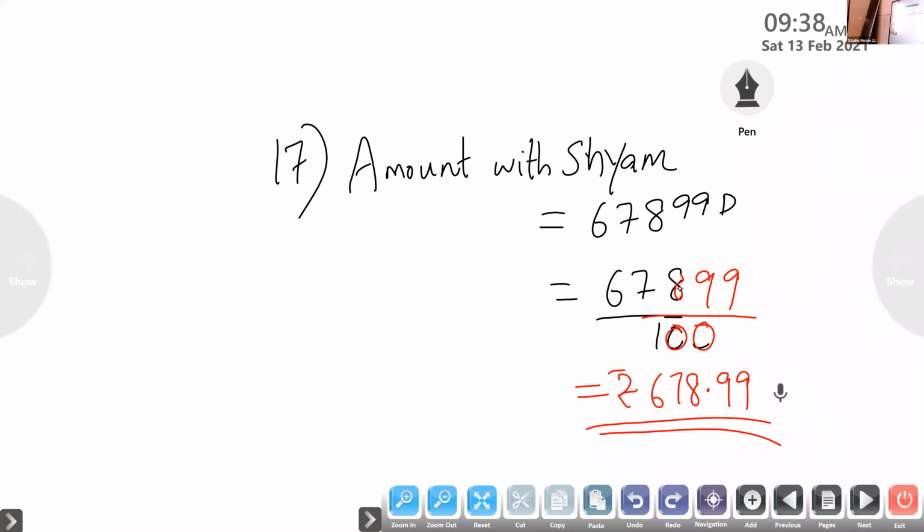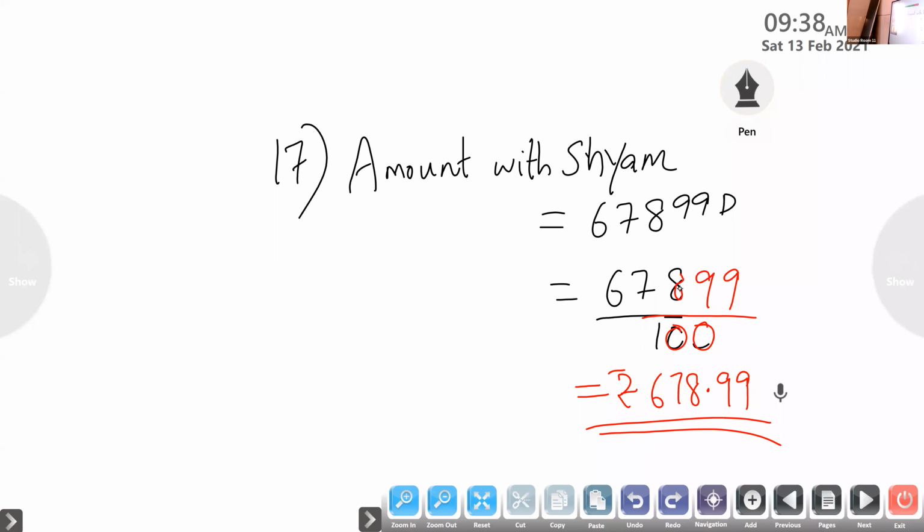Question number 18. Ryan, can you read? Anu has 5,500 paise and Ria has 55 rupees. Do they both have the same amount of money?